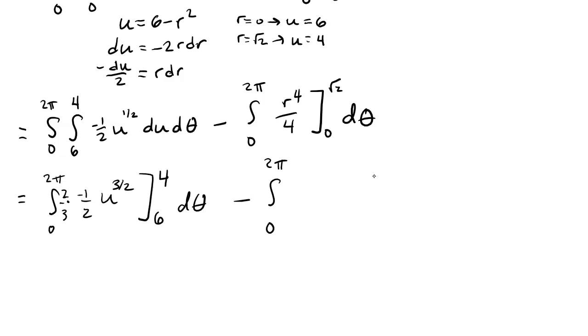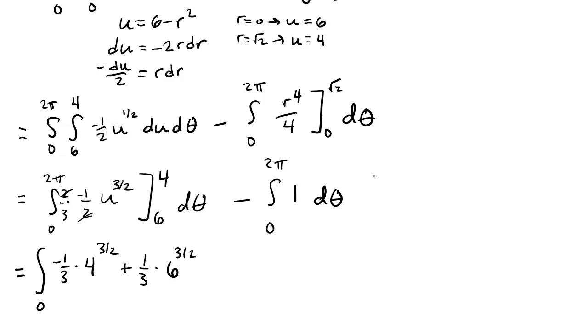So then we just have 4 over 4, which is 1 d theta. Over here, we've got the 2's cancel. So we've got negative 1/3 times 4 to the 3/2 plus, because it's negative 1/3, 1/3 times 6 to the 3/2.